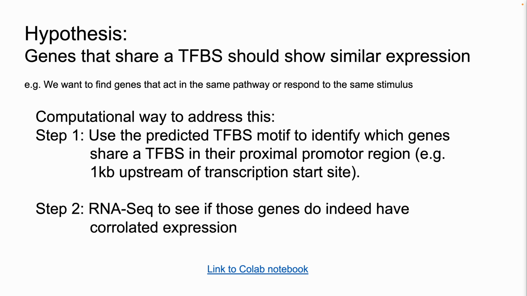That way we can be confident that we're in the promoter region and we're not scanning oceans of intergenic space that, at least for a transcription factor binding site, probably don't influence how the gene is going to be regulated. Or at least we wouldn't be able to predict that it was that gene it was regulating, okay? So you can tweak this if you want to in the code. Hopefully you can recognize where to do that in the Colab notebook.